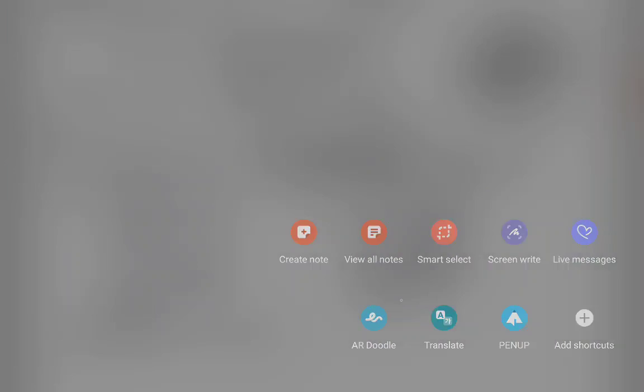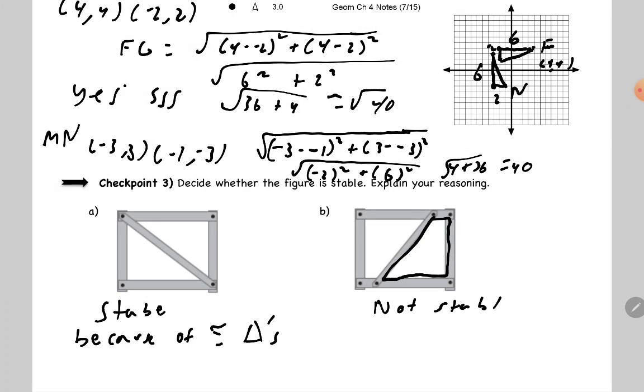Not stable. But basically the quadrilaterals can shift while the triangles cannot. So if you compare the left picture to the right picture, this is kind of locked in place, while this trapezoid here, you can push on one side and kind of move it. You can change angles and then collapse the platform, or whatever the structure is.